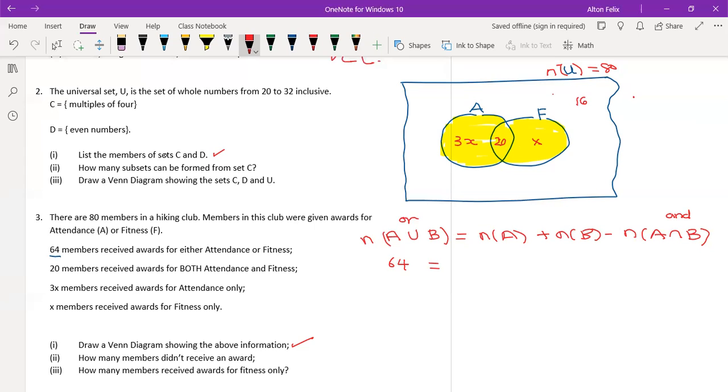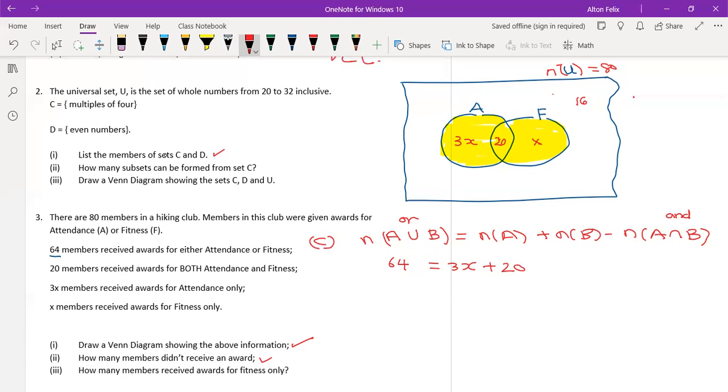How many members receive awards for fitness only, right? So then that will take us into solving the problem as I started doing. 64 represents the total region shaded in yellow. The number in A would be 3x plus 20. So let's make sure that we itemize the working for part C here.